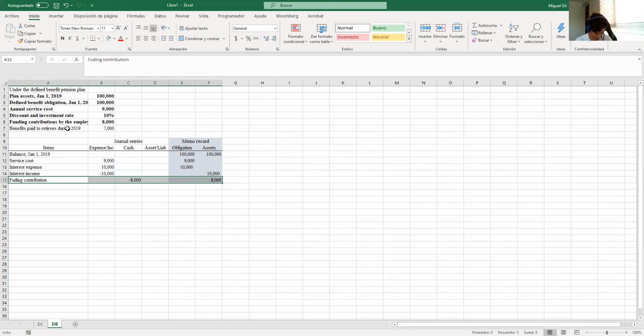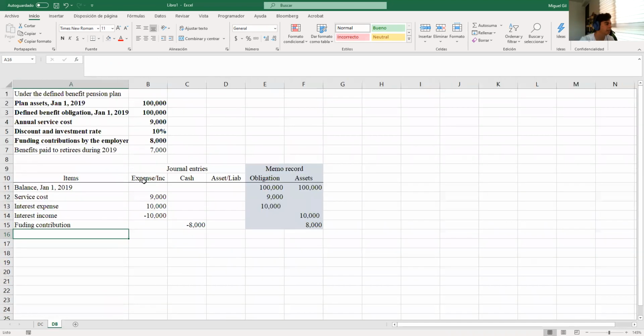And finally, the next thing that I need to do is to calculate the benefits paid to the employees, right? To the employees that are already retired. That is the meaning of this, that I am paying to the retirees 7,000 pesos. So this is like paying to retirees, people that are already retired. And this one is very simple because is the company paying from their cash, from their bank account?